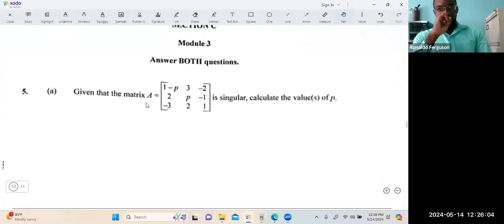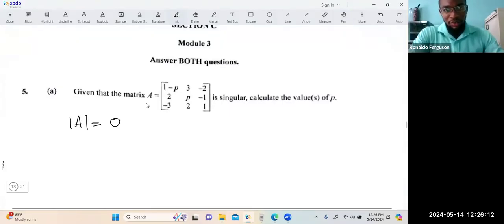Given that the matrix is singular, calculate the values of p. A singular matrix means the determinant equals 0. So that means 1 minus p times the determinant of crossing out the row and column with 1 minus p, I have p minus 1, 2, 1. Then minus 3 times the determinant of crossing out the row and column with 3 in it, you have 2, minus 1, minus 3, 1.